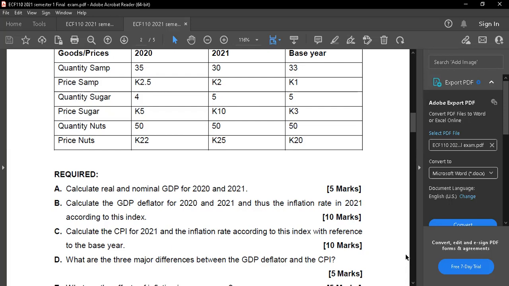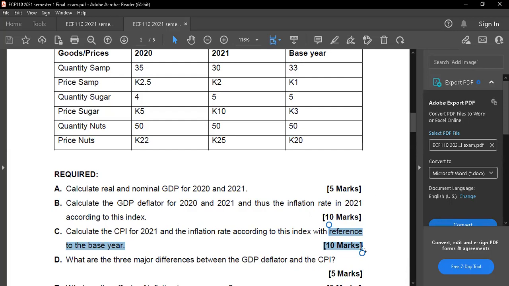Whatever answer you get, you say prices with reference to the base year increased by this amount. Since they have said with reference to the base year, that means your initial year will be the base year. But if they just told you to calculate the CPI for 2021, you'd have gotten the CPI for 2021 minus the CPI for 2020, because it's the previous year.